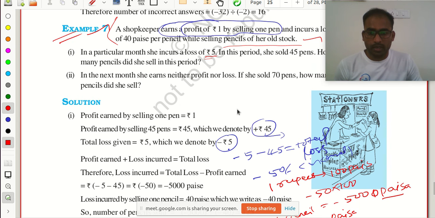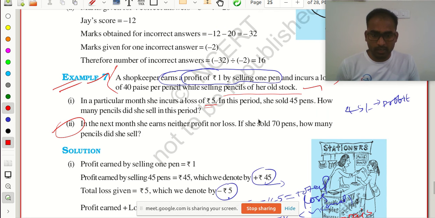Okay, and the next problem. In the next month, she earns neither profit nor loss, means she doesn't have any profit or any loss. But if she sold 70 pens, how many pencils did she sell?